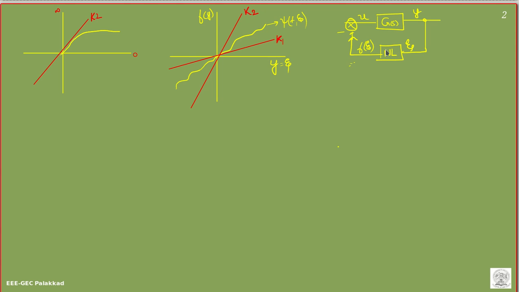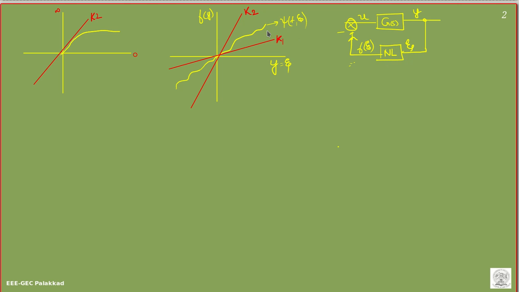Since this nonlinearity lies within K1 and K2, where K1 is the slope of this line and K2 is the slope of this line, we can have an intuition that for any values of k between K1 and K2, the whole system might be asymptotically stable.